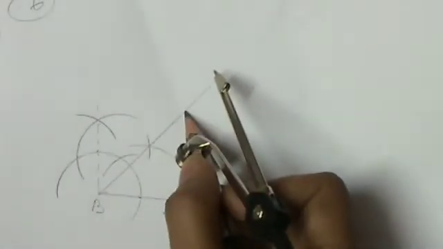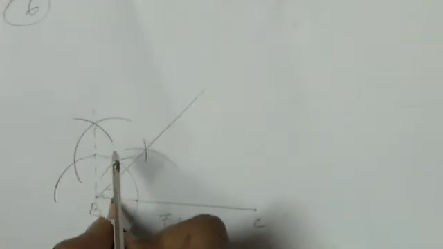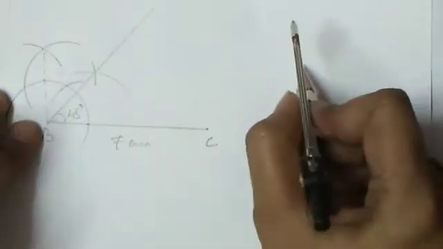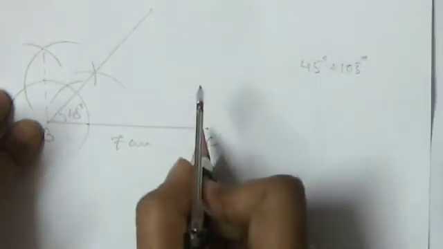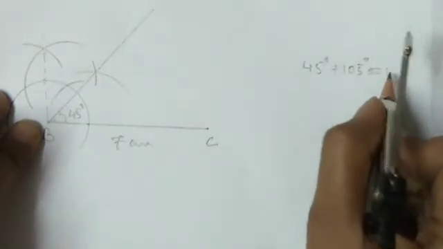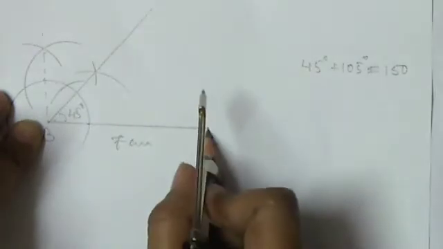As we don't know where it would be A, instead of drawing this angle, if one angle is 45-degree, the other is 105-degree, then what would be the remaining measurement? By angle sum property you can find, no? So it gives you 150. So the other angle will be 30-degree.